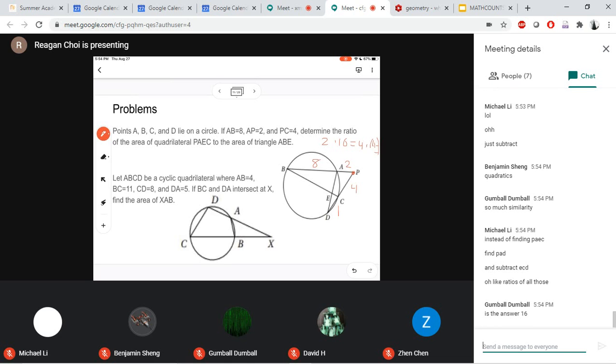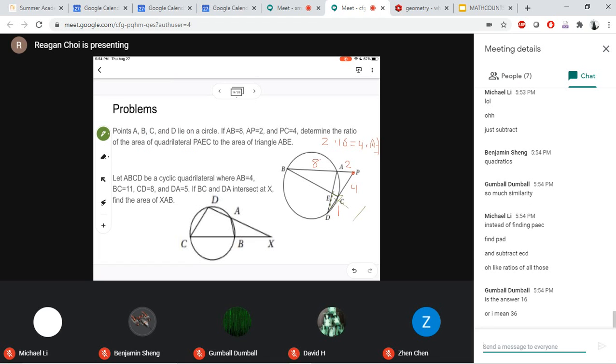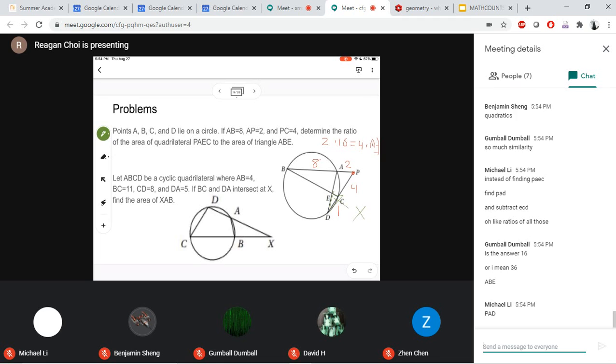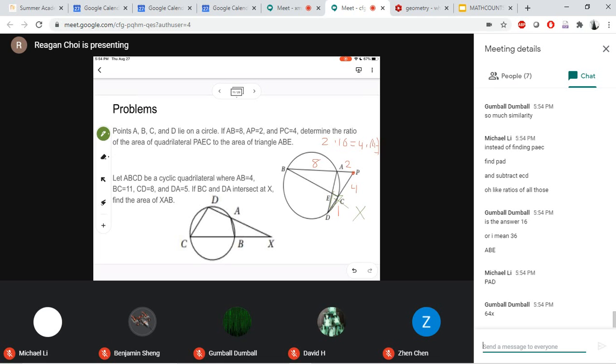So, yeah. Let's let the areas be... let's let this area be x. What other area can you find in terms of x? ABE, which is PAD. Yeah, this is 64x.